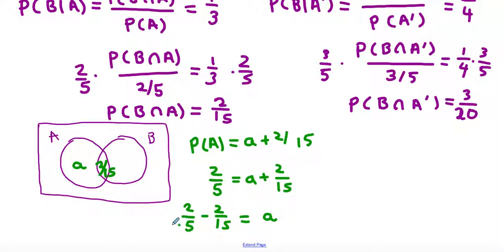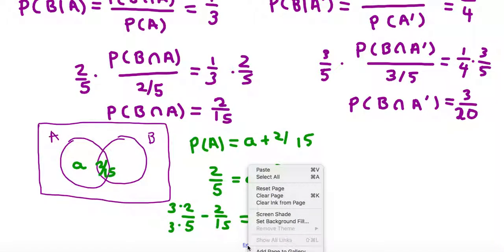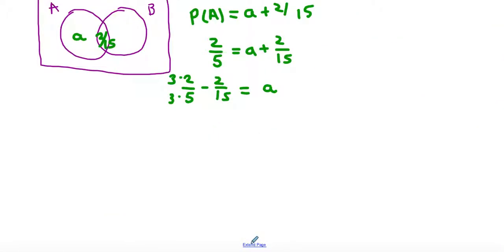So common denominator of 15, multiply by 3: 6 minus 2 is equal to 4. 4 out of 15 is equal to a. So this area, I'm going to change my color, a, is 4 out of 15. All right.